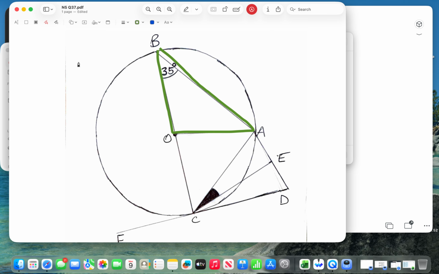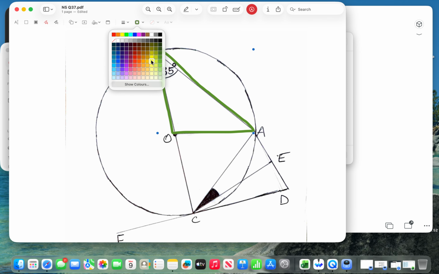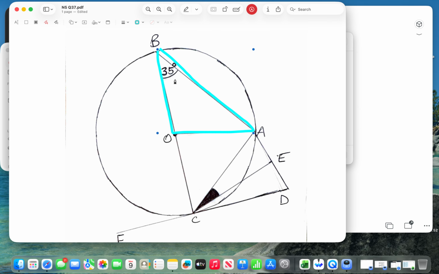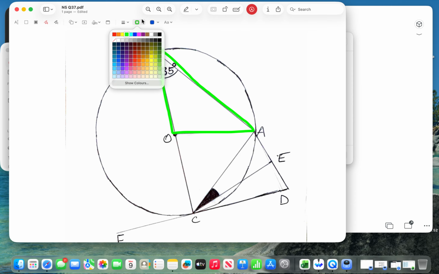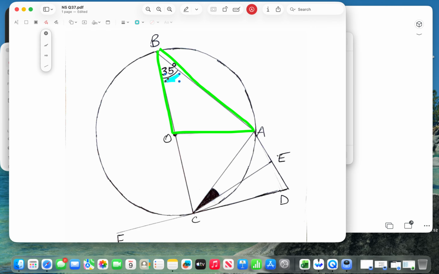And what I want you to notice is, if you look at this angle, we will use green for that, and we will use blue for this.